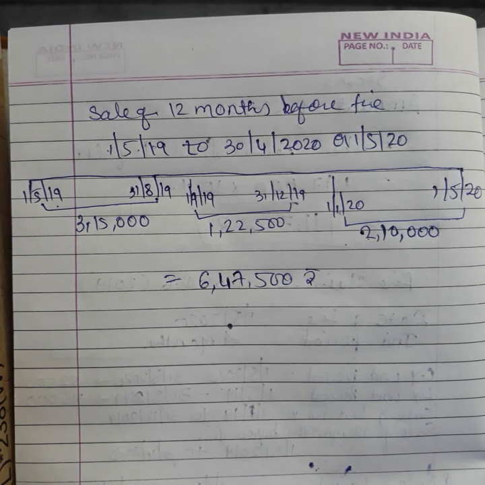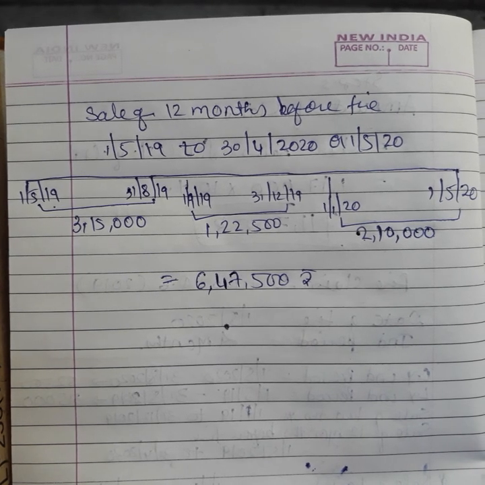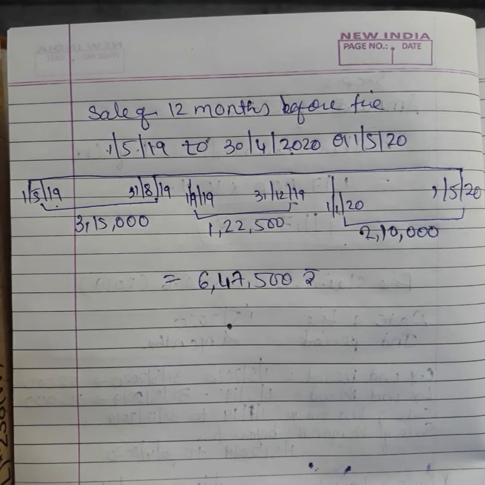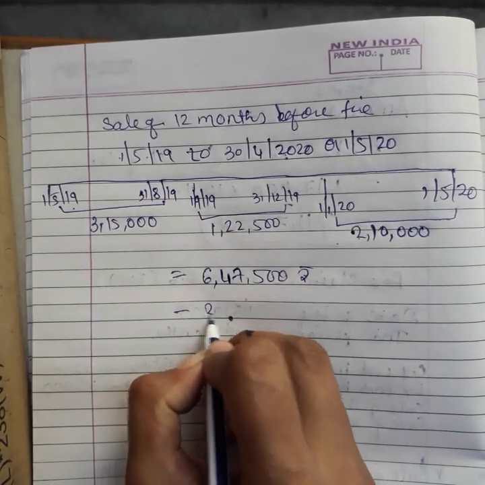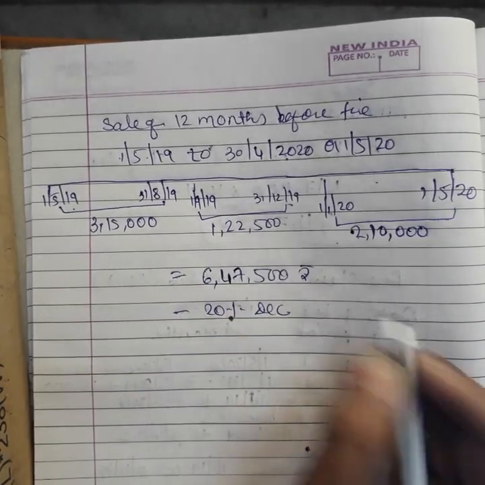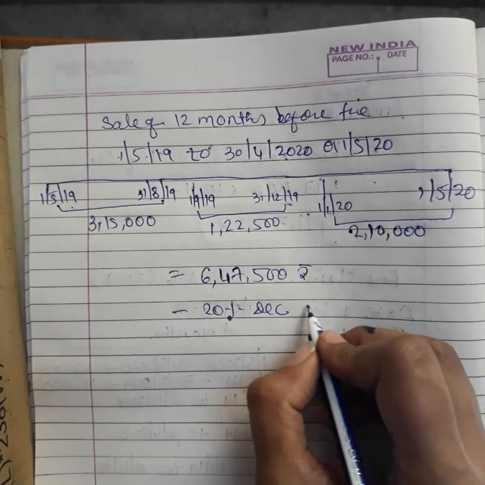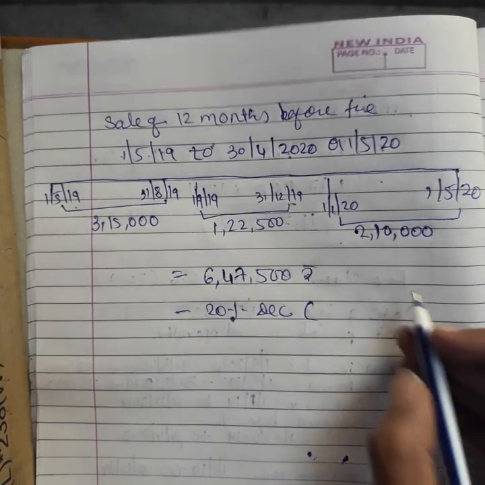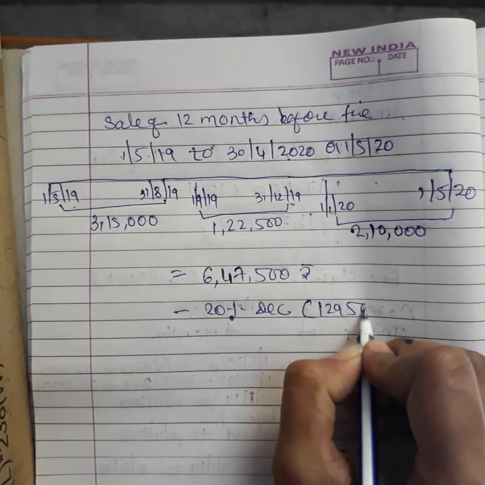As it is given in the example, as compared to 2019, in the year 2020, sale and profit will be decreased by 20% and 2% respectively. So the sales will be declining by 20%. So this sales minus 20% decrease, that will be 1,29,500.